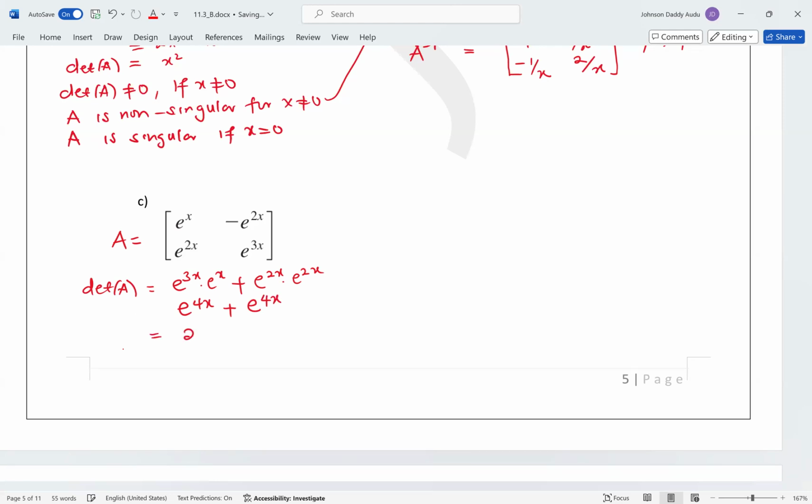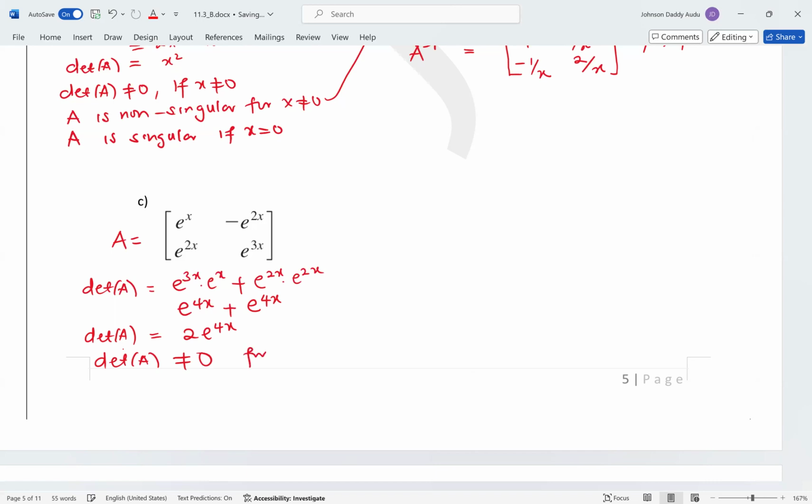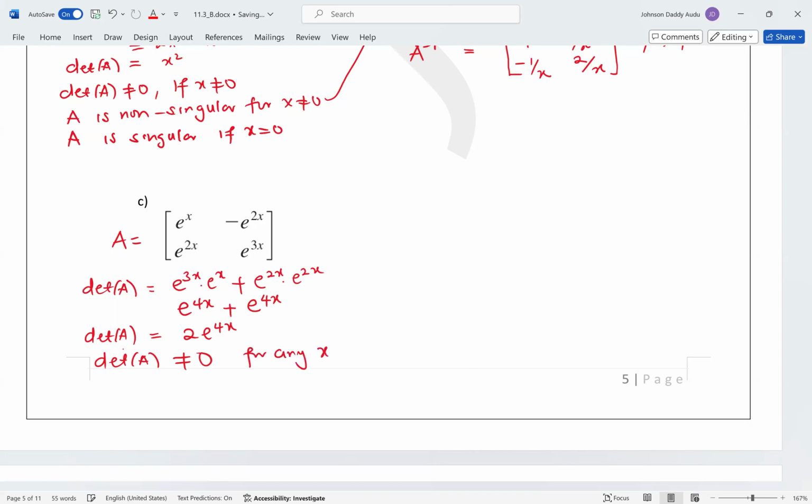So what we have is just e to the power 4x. And you know that this can never be 0 for any real x. So the determinant of A is not equal to 0 for any x inside the real numbers. So it simply means that A is a non-singular matrix.